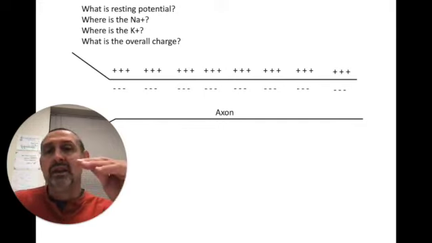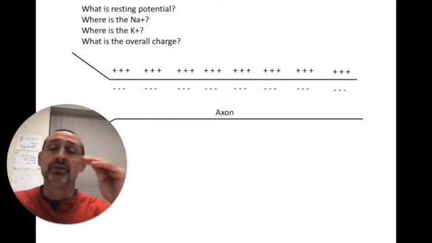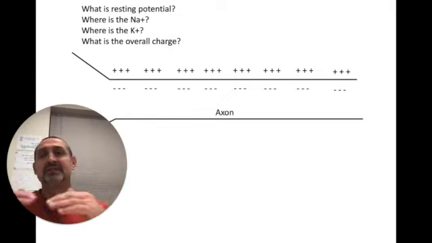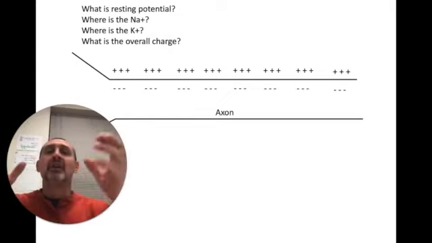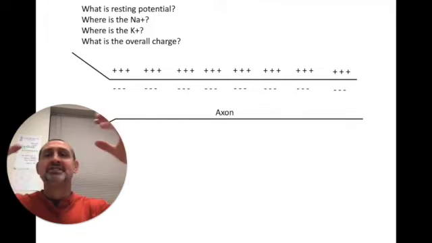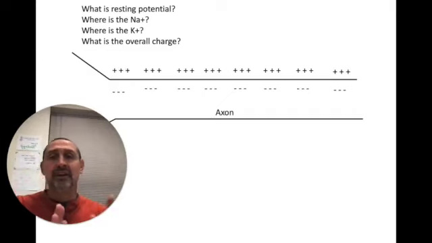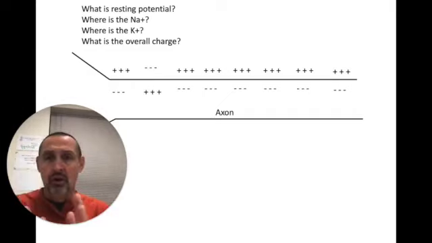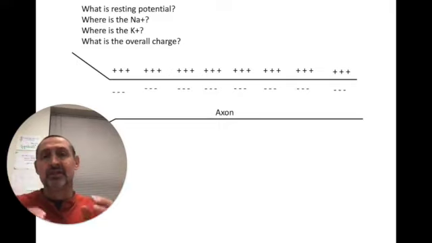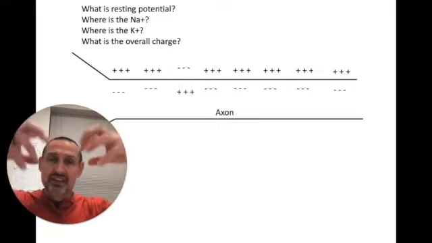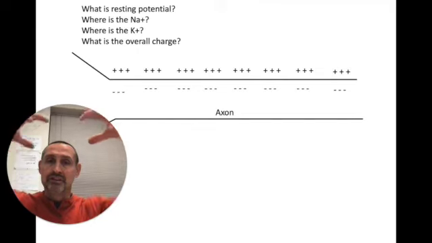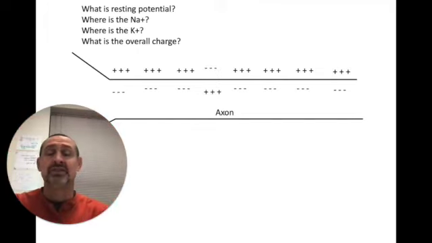When we reach a threshold, that is, when the stimulus reaches a certain threshold, the channels will open, sodium will rush in, and potassium will begin to leak out. That starts a cascading event where along the axon, those channels are opening, sodium is rushing in because it's going from a high concentration to a low concentration.